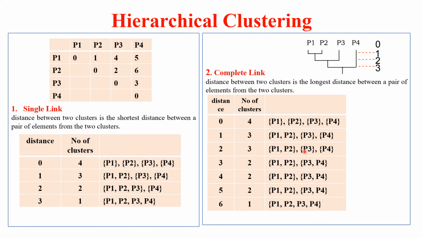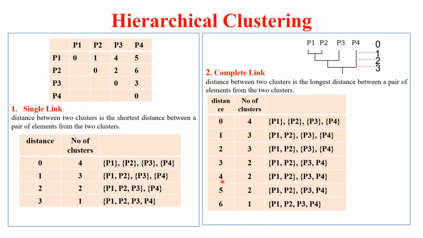So that will remain as such. We can't merge as of now. So increasing the distance to 3, again looking at the distance matrix, P3 and P4 are at a distance 3. So it is possible that we can merge P3 and P4 and make it a cluster.